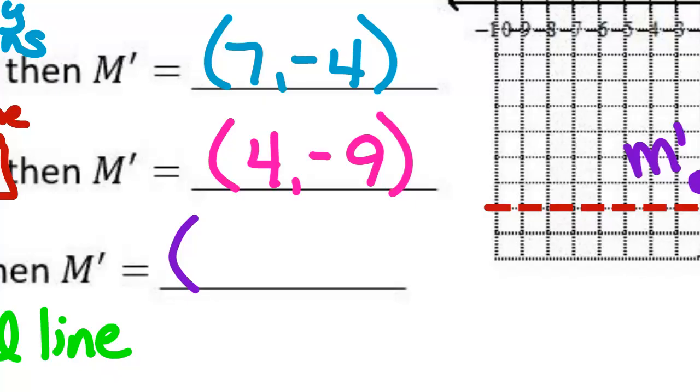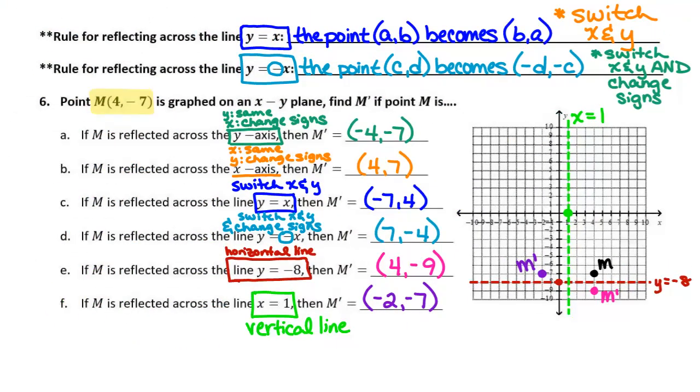Negative 2, negative 7 is correct. Negative 2, negative 7. Beautiful. Very nice work. Thank you.